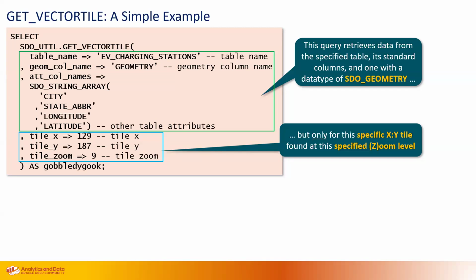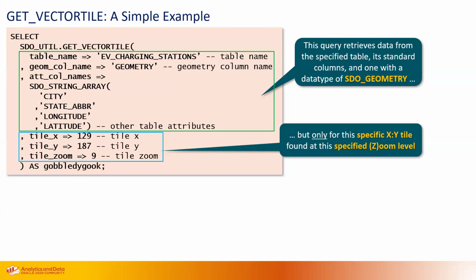And what I'm doing is using the EV charging stations table going up to the green box and looking at the geometry column. And what happens is get vector tile looks at SDO_GEOMETRY and goes, oh, I see. There's a series of points stored within the geometry, SDO_GEOMETRY data type column.